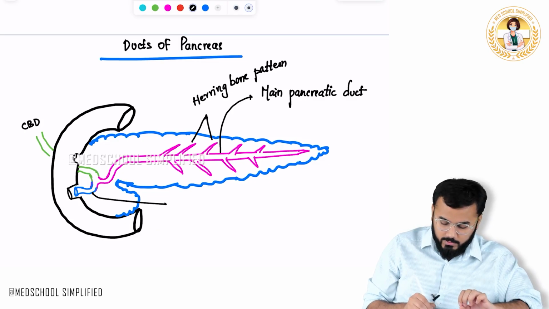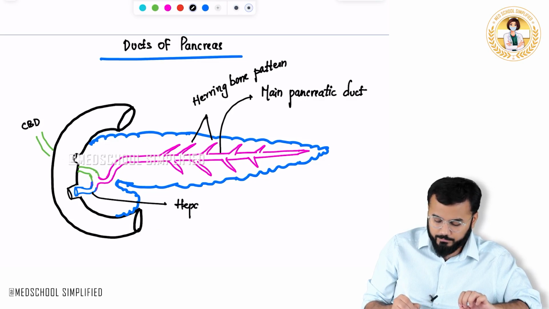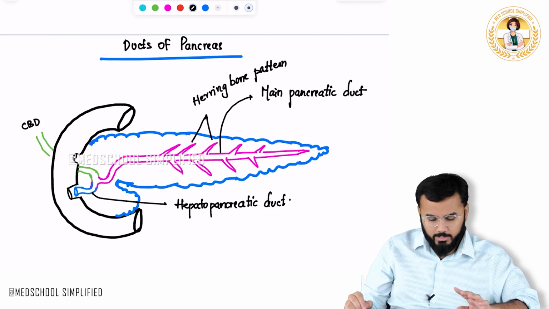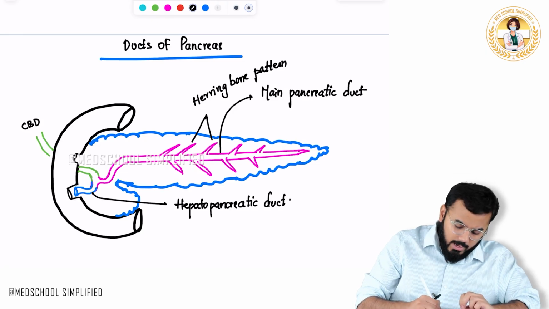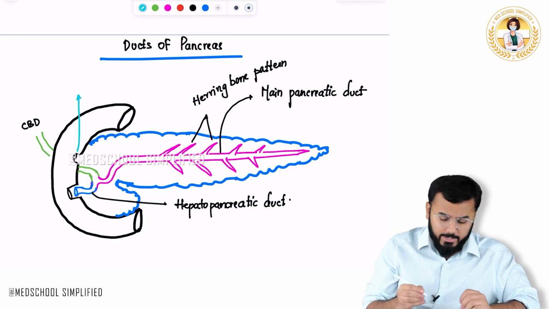So this duct over here is called the hepatopancreatic duct. Now, what is this papilla by name? I told you, this papilla should be called the major duodenal papilla or minor duodenal papilla.